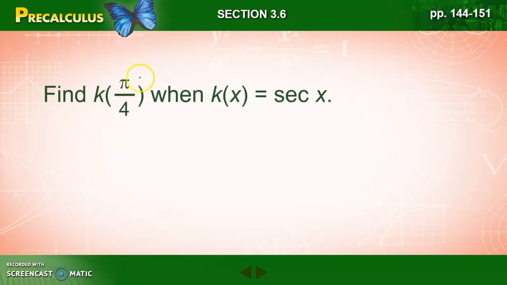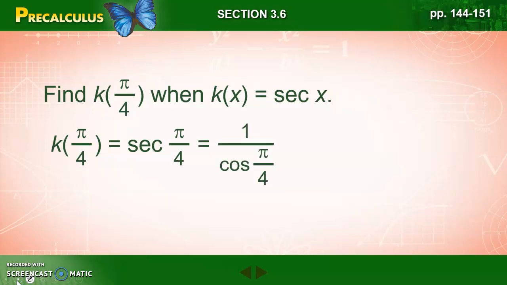All right, let's find k of pi over 4 when k of x equals secant x. We'll plug that in. K of pi over 4 equals secant pi over 4. We're going to have to go back to that reciprocal trig ratio and remind ourselves that secant is just 1 over cosine.